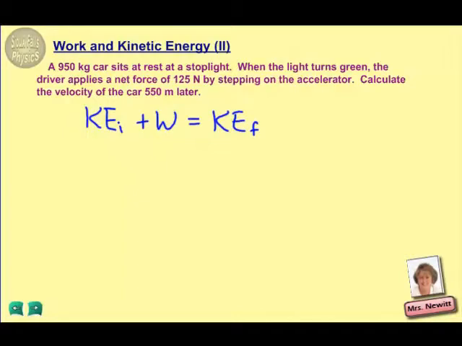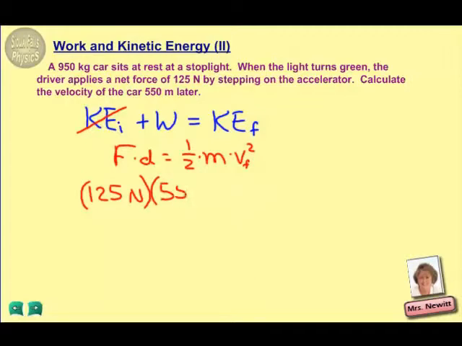So now let's start looking at some numbers, and again it is at rest. So our initial kinetic energy would be 0. Work is found by taking force times distance, and kinetic energy is 1/2 mass times velocity squared. So we have the net force, the force that's doing that work, giving that car more energy, is 125 newtons. The distance traveled during this time was 550 meters.